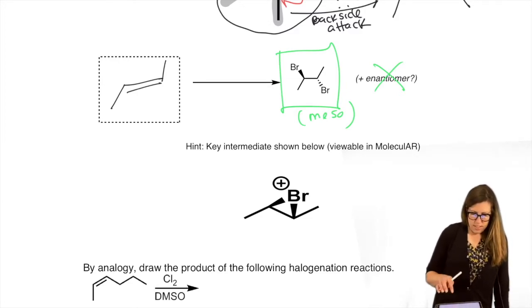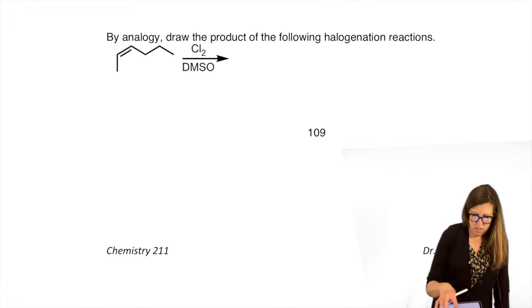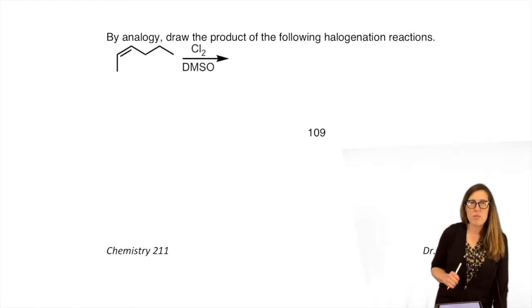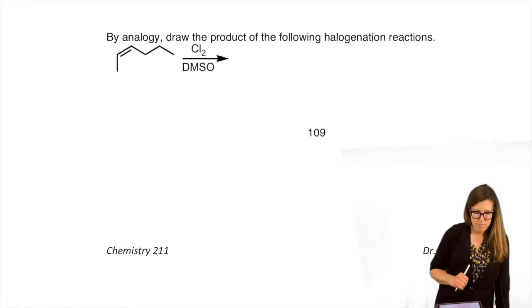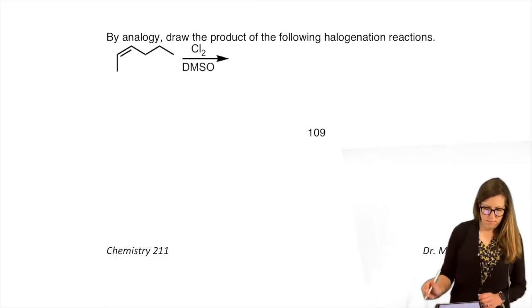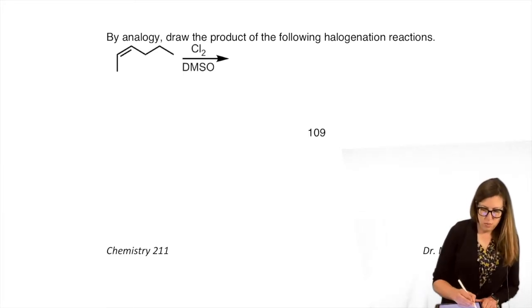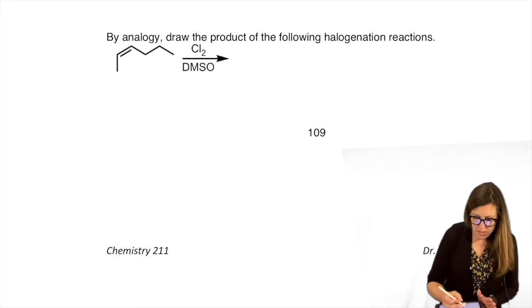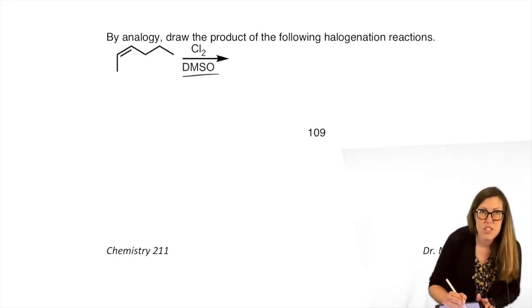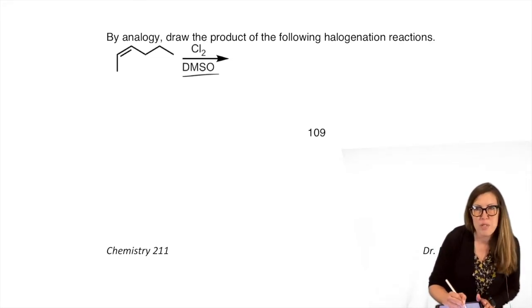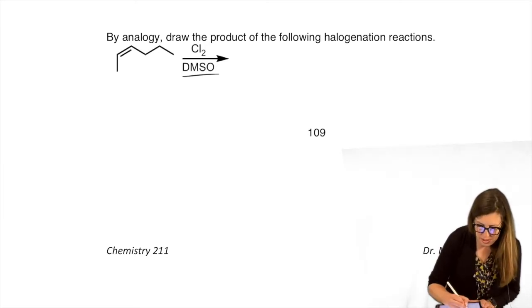All right. Now, how can we draw the product of this reaction? Well, without doing the whole mechanism, let's just go kind of fast. DMSO, by the way, is just a solvent. Carbon tetrachloride is a popular nonpolar solvent, but so is DMSO, so don't forget about that.